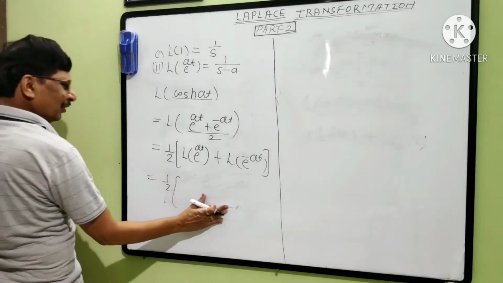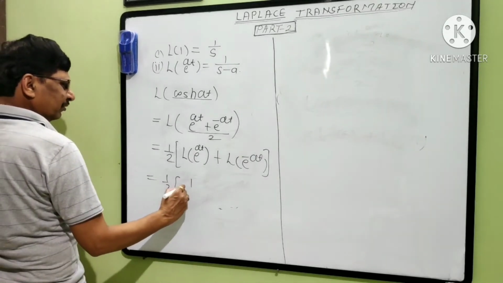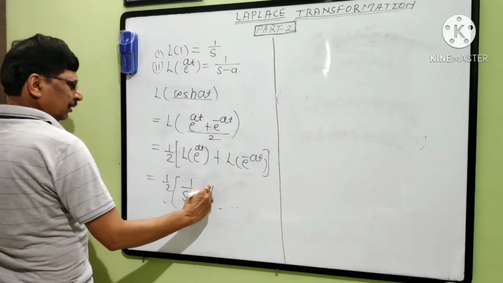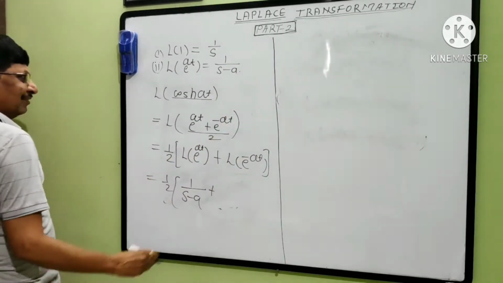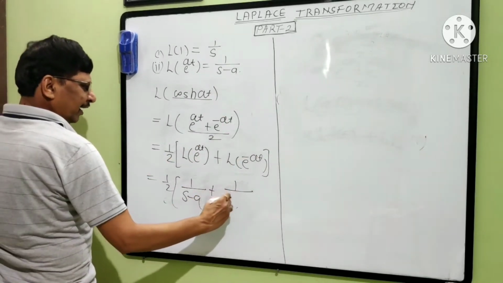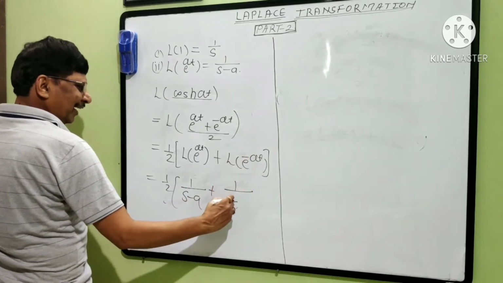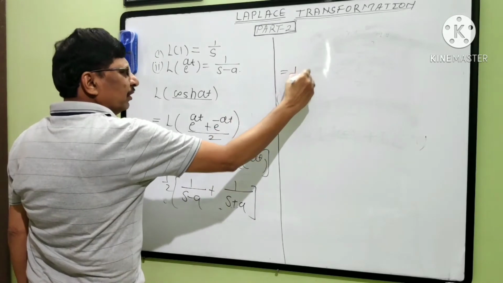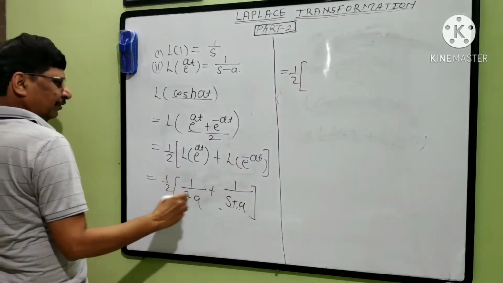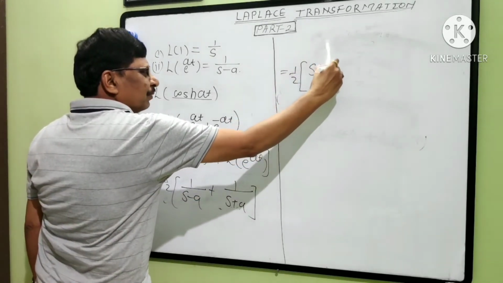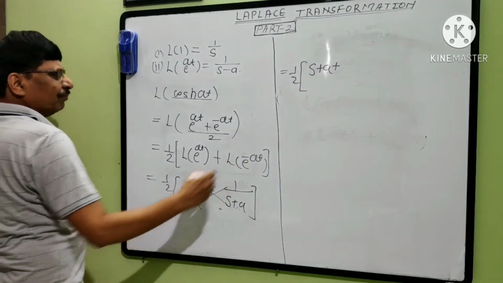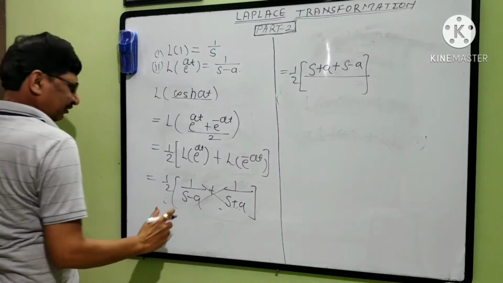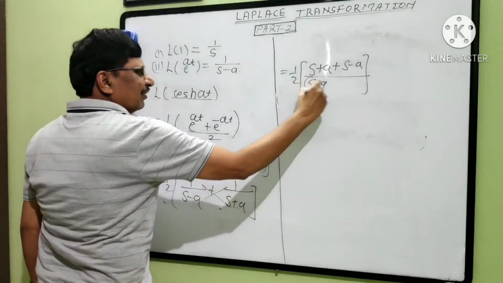Now you know the Laplace transformation of e raised to at is 1 upon s minus a, the formula is there, and plus the Laplace transformation of e raised to minus at, that is 1 upon s plus a. Therefore it will be 1 by 2 into, now simplify this, (s plus a plus s minus a) upon (s minus a) into (s plus a).